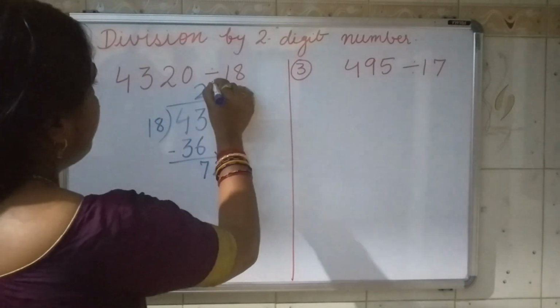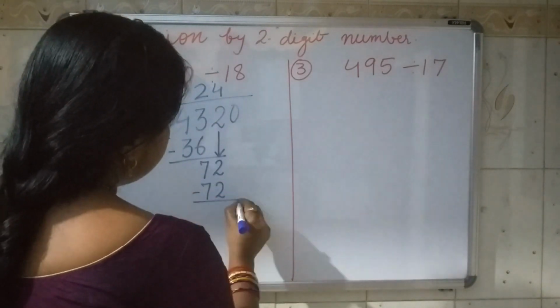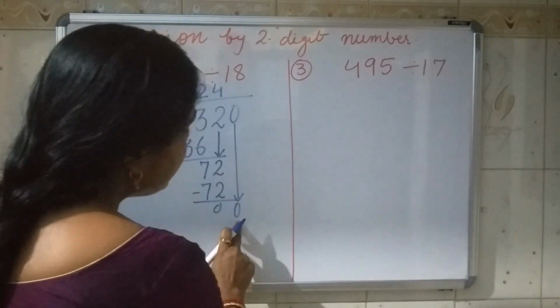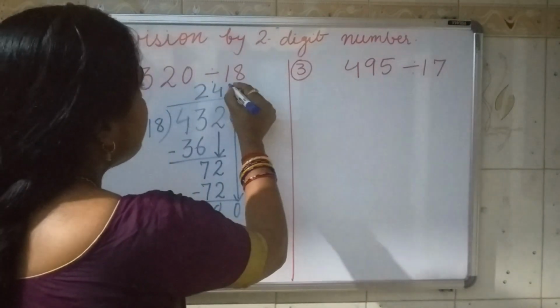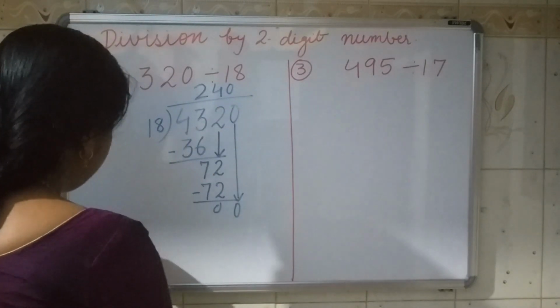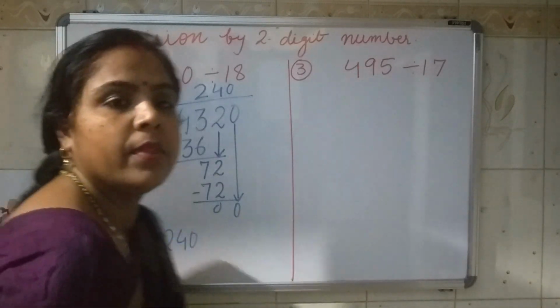So we will go for 4 times. Minus, it is 0. Then bring this number down, 0. When we bring this number down, 0, 18 zeros are 0. So the answer is 240. This is clear to you?